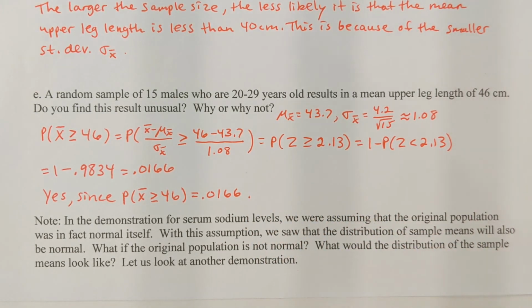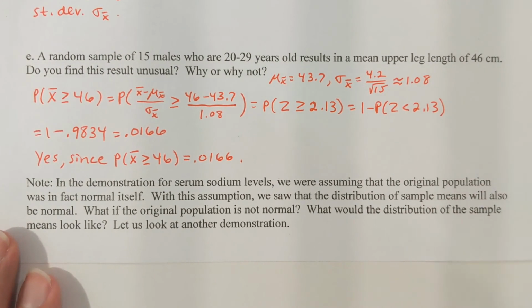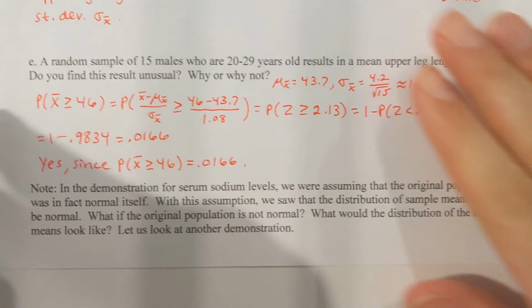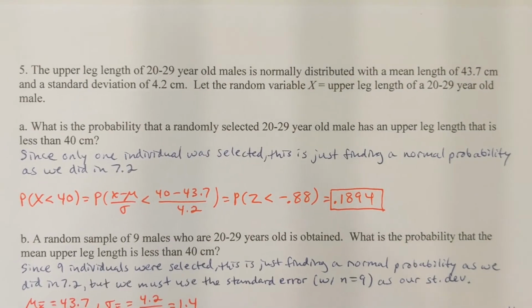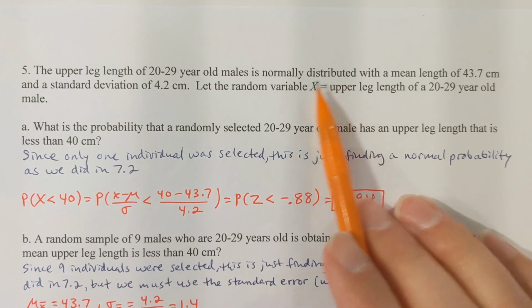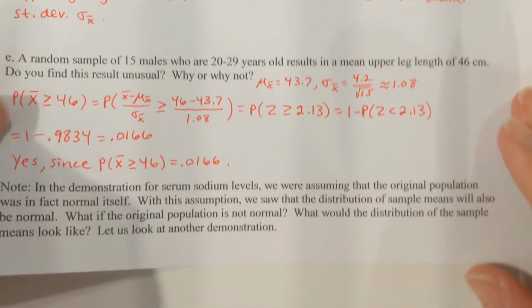Now there's a note. In the demonstration for serum sodium levels that I had shown in the previous video, we were assuming that the original population was in fact normal itself. By the way, we were also under the assumption here that in this problem we have something that is also normally distributed, in problem 5.